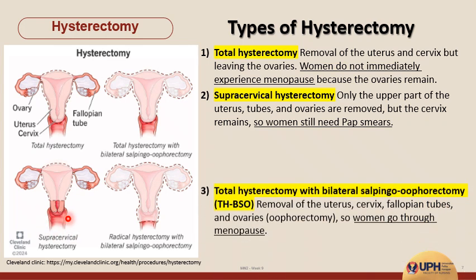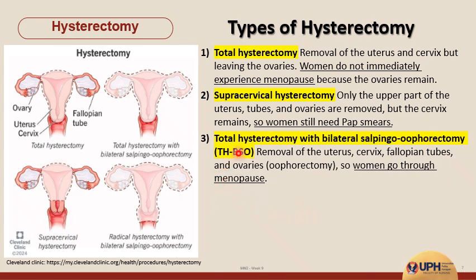Another one is what we call total hysterectomy with bilateral salpingo-oophorectomy, or what we usually abbreviate as THBSO. So this is the removal of uterus, cervix, and fallopian tubes, and the ovaries, or oophorectomy. So here, we remove both of them.